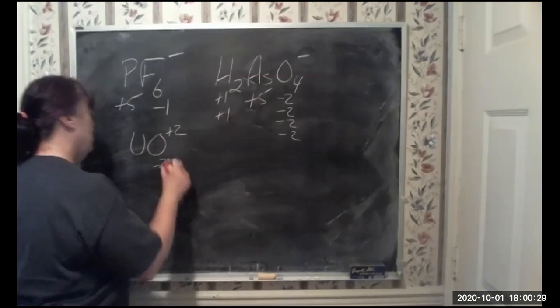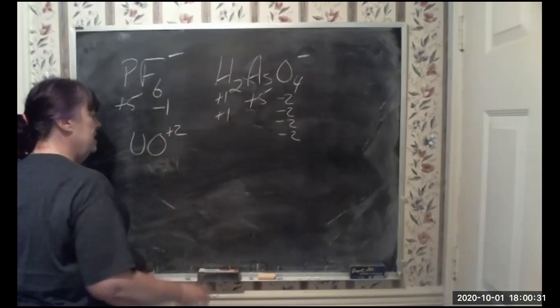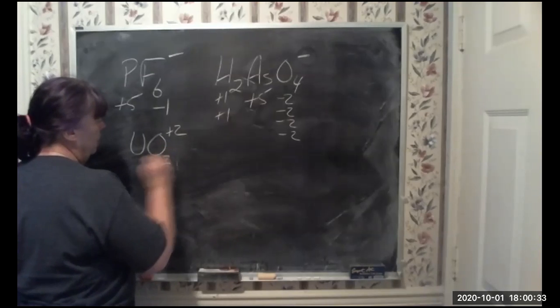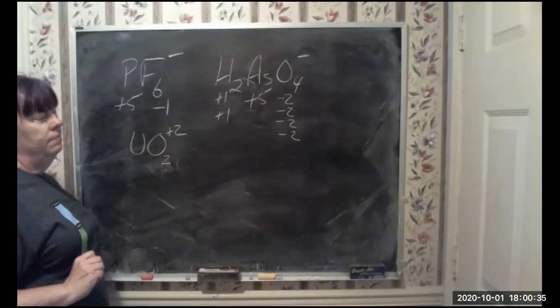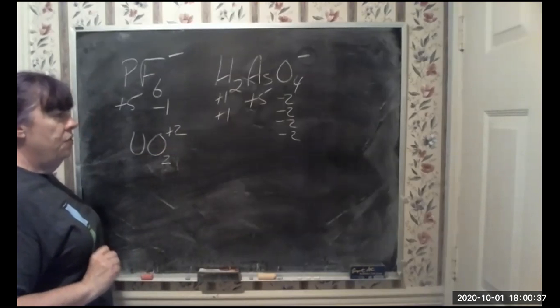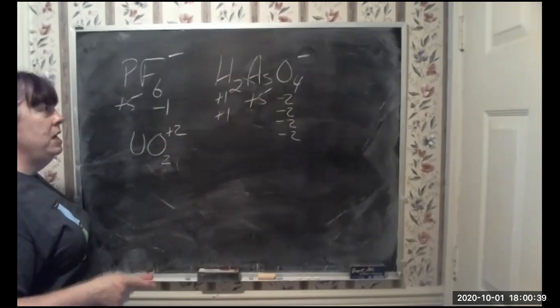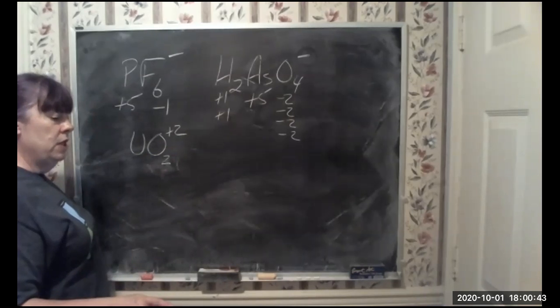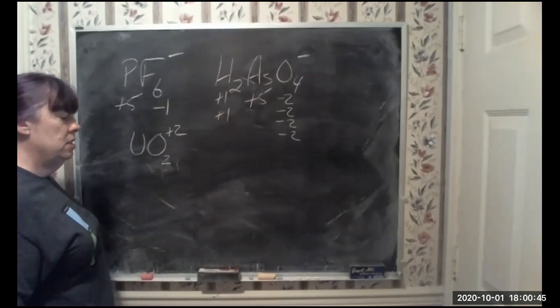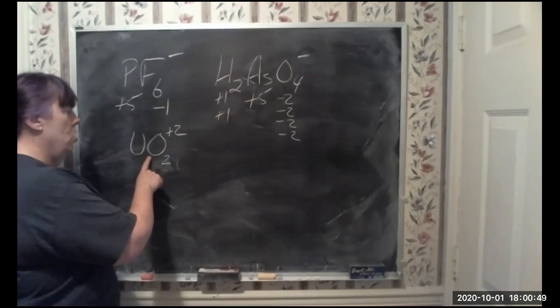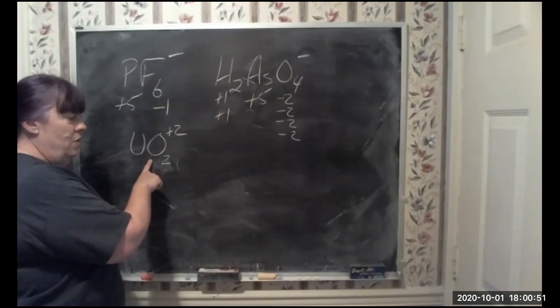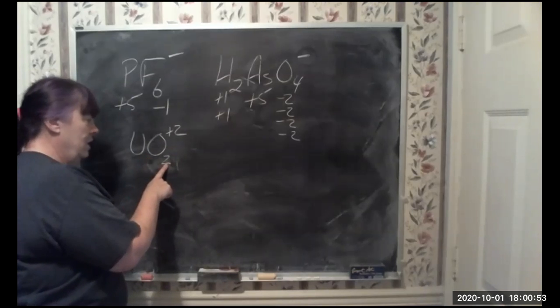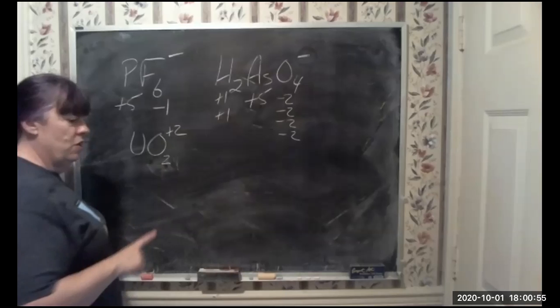I forgot my subscript. Because if you actually look in your lab book, there are 3 positive polyatomics. The one we see all the time, which is ammonium, NH4+, and then there's 2 bizarre ones. This one is called uranyl because it has uranium in it. And I forgot to include my subscript when I typed it.